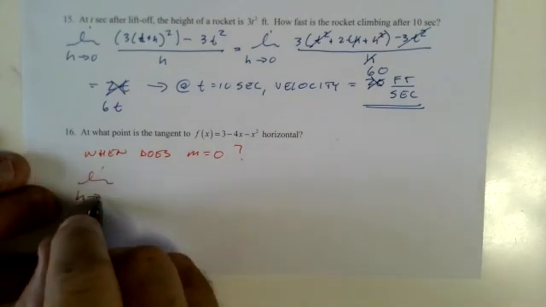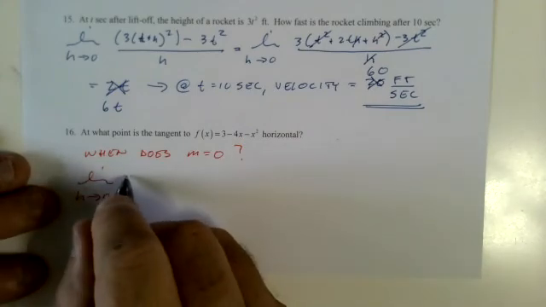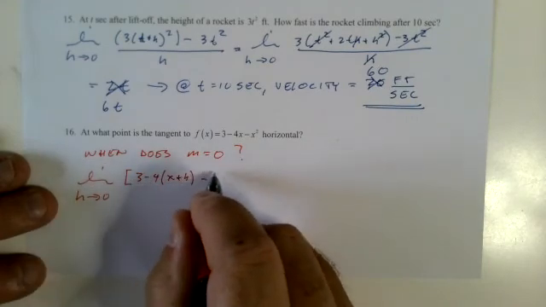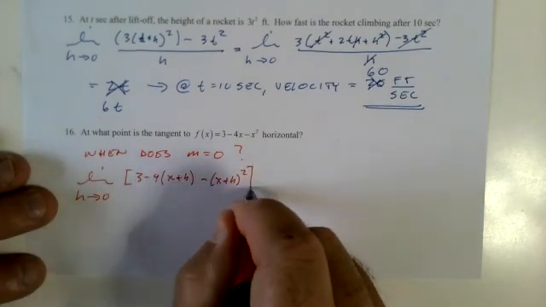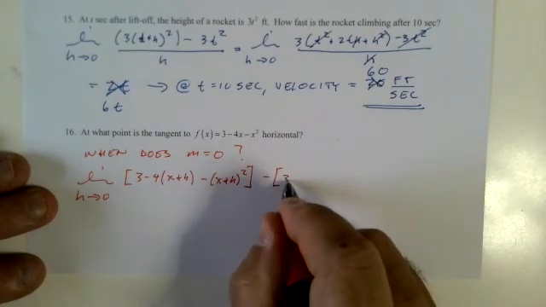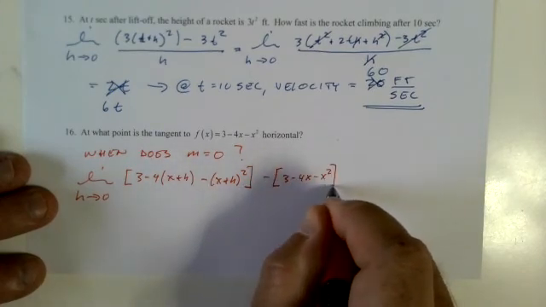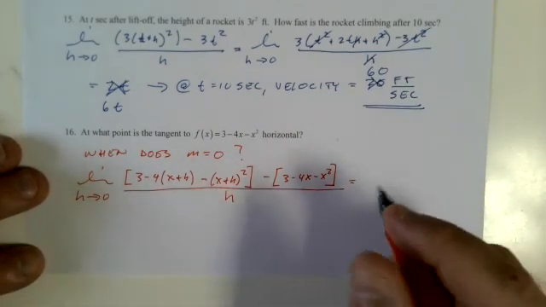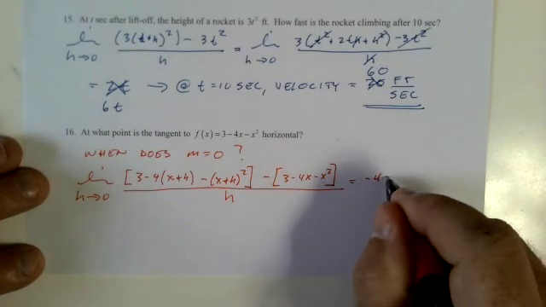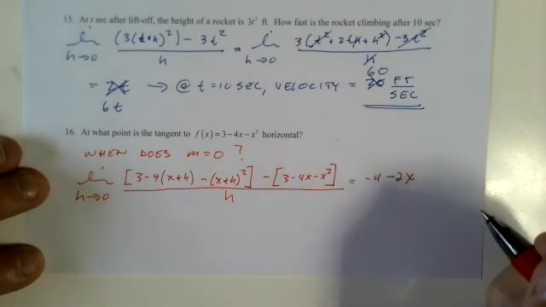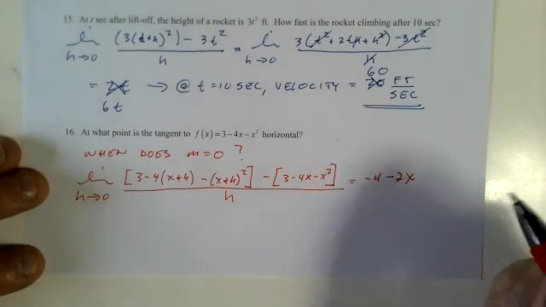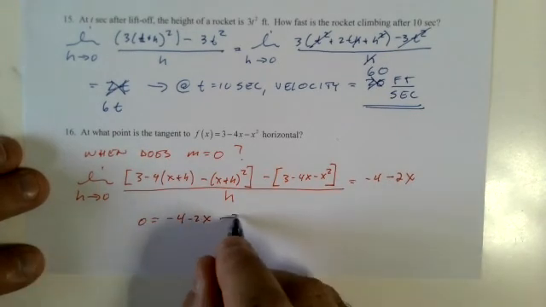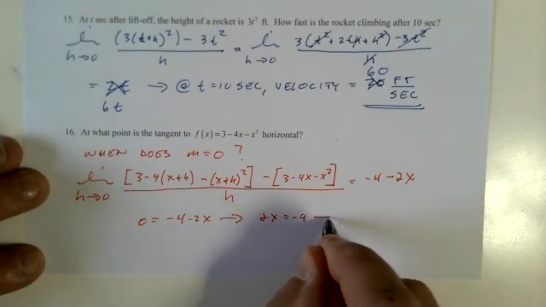Limit as h approaches 0 of 3 minus 4 times x plus h minus x plus h squared minus 3 minus 4x minus x squared over h equals negative 4 minus 2x. 0 equals negative 4 minus 2x. 2x equals negative 4.